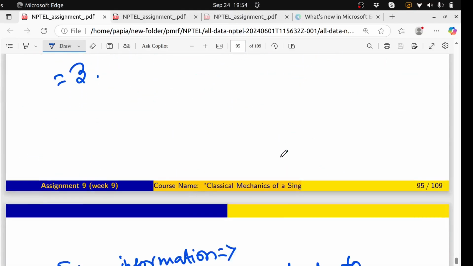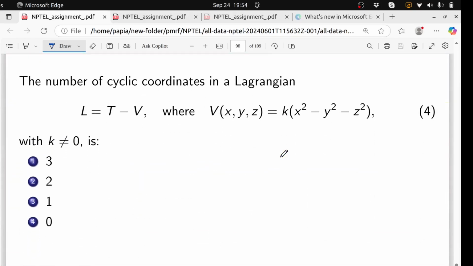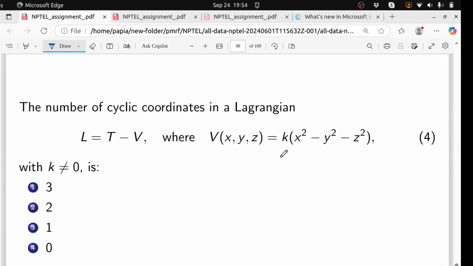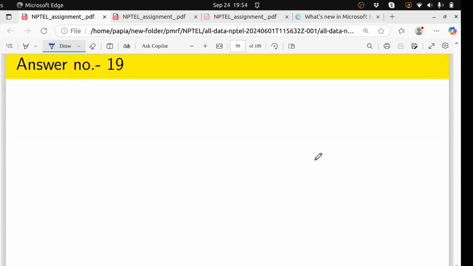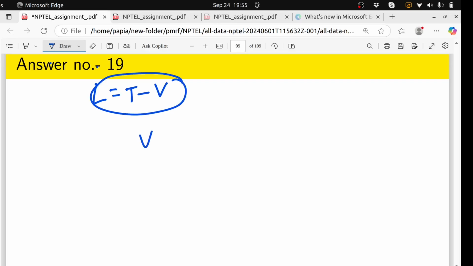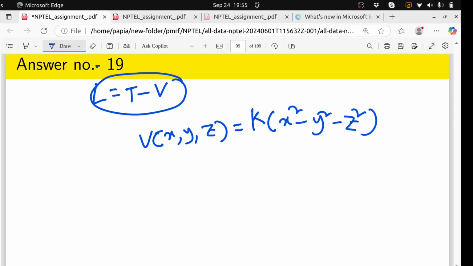Okay, now we can go for the next question. The number of cyclic coordinates in the Lagrangian L equals T minus V, where V of x, y, z is k(x square minus y square minus z square).